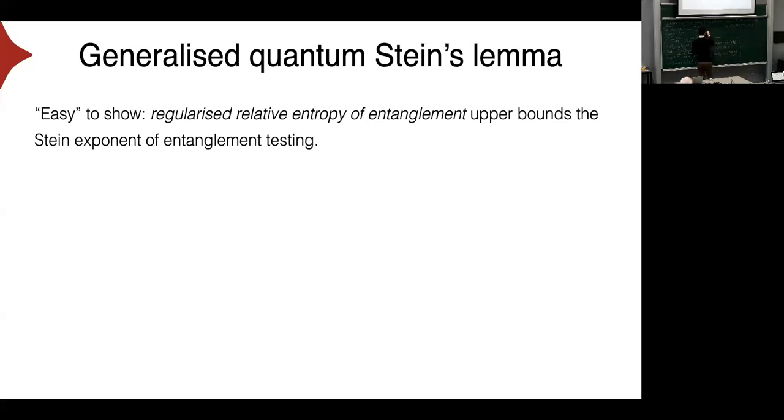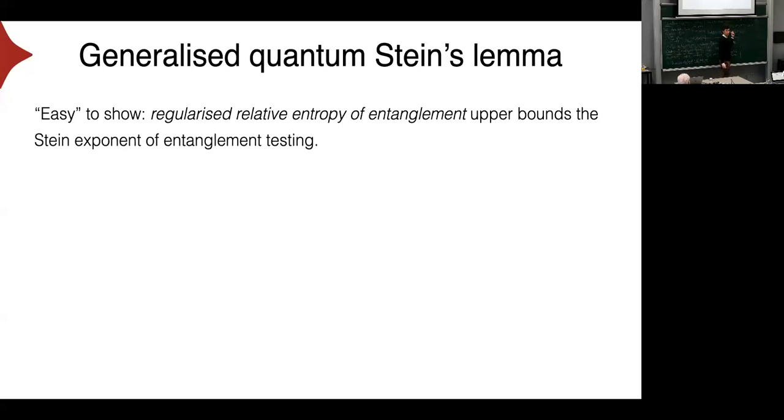The adversary can always, okay, so the Stein exponent, remember, is formally the limit in epsilon, limit in n. It's quite painful to write, I know. This is a minimization over separable states, right?